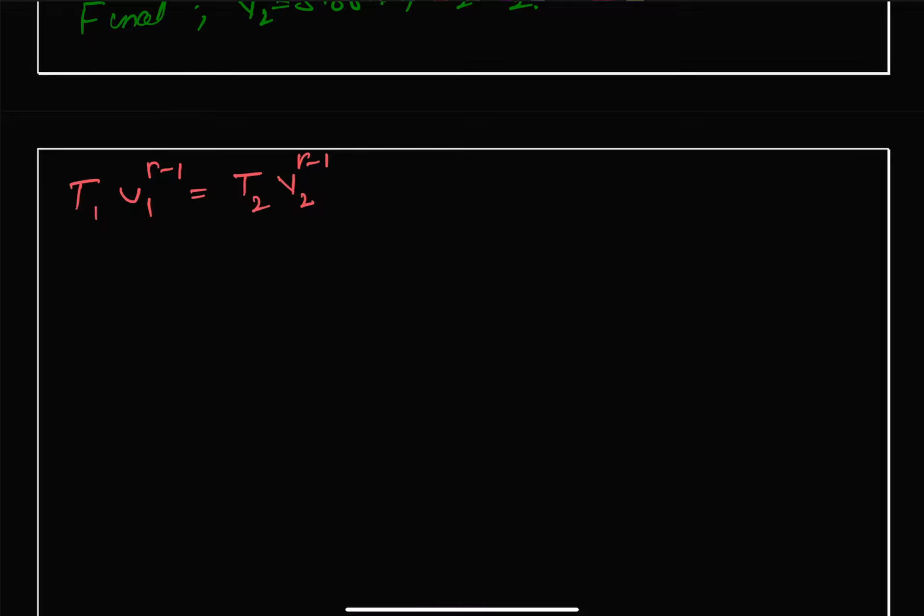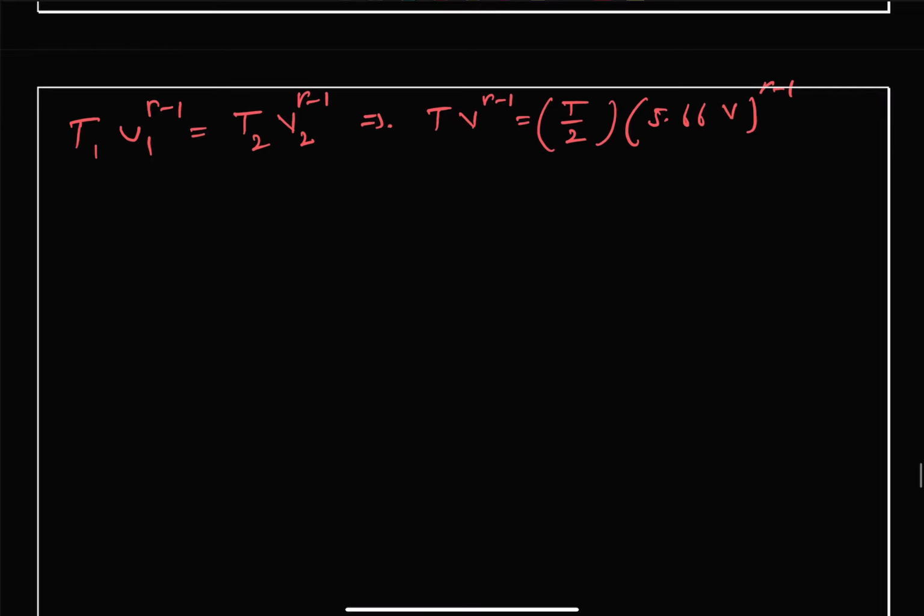And we substitute the initial and final conditions. We get this as T V raised to gamma minus 1 is equal to T by 2 times 5.66 times V raised to gamma minus 1. So T we can just cancel out throughout.